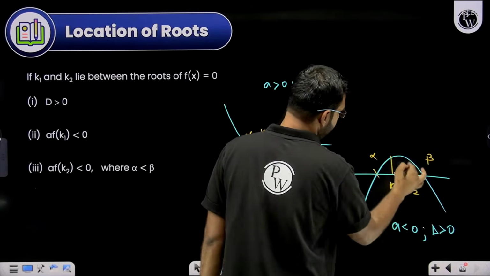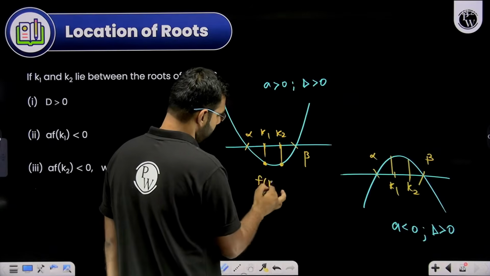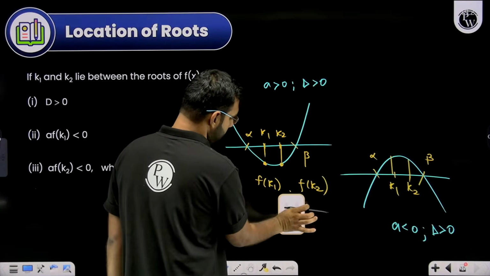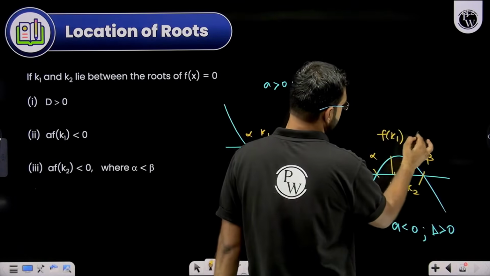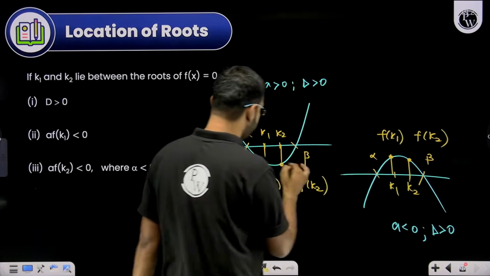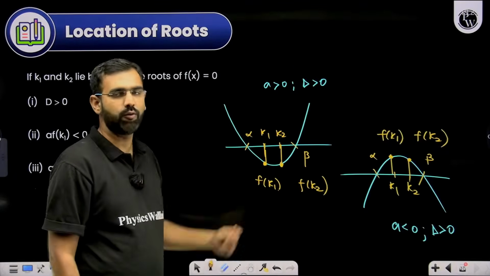Are you not realizing that if I am asking you f of K1 and f of K2, here also they are exactly opposite in terms of the sign of A? If A is positive, f of K1 and f of K2 are negative.